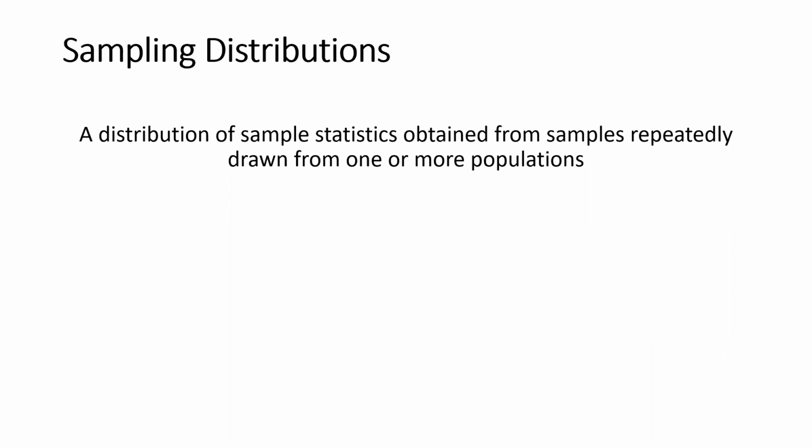So when you take samples repeatedly, for example, I can sample a class of 1,000 people. I can collect a sample of 100 from 1,000 in an infinite number of ways, and no two samples will be exactly the same.